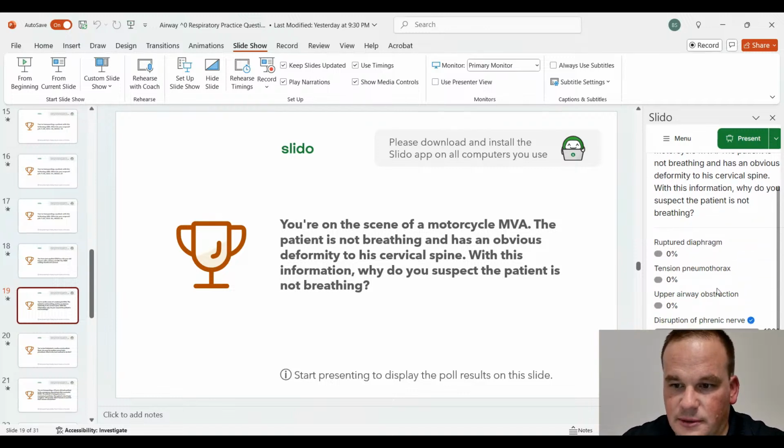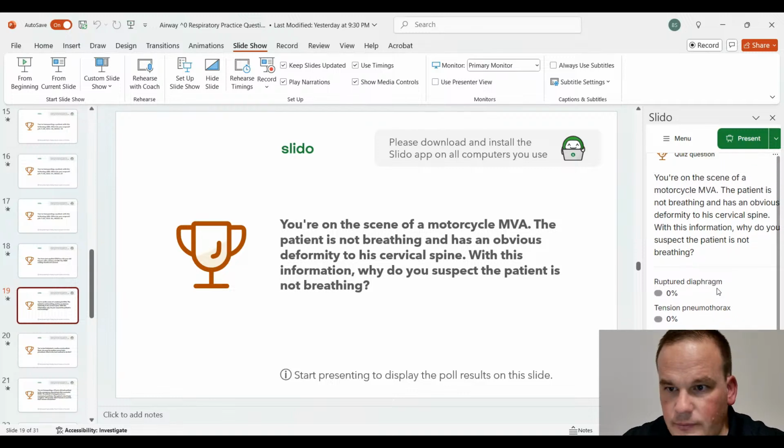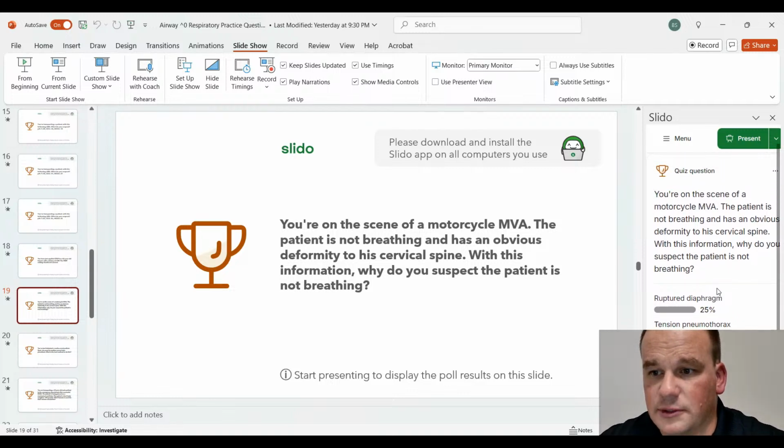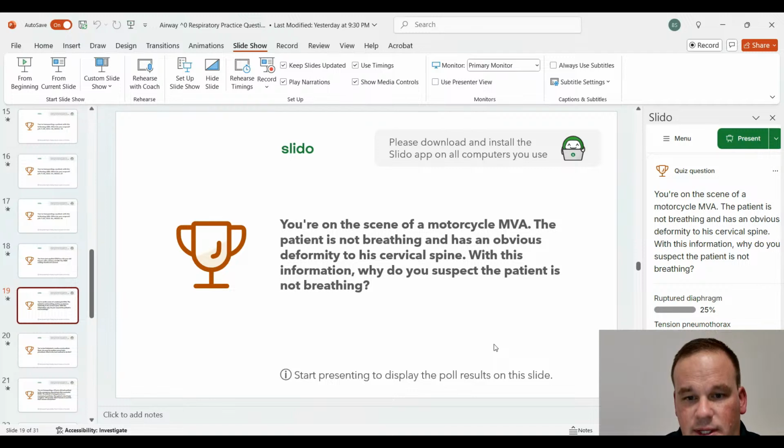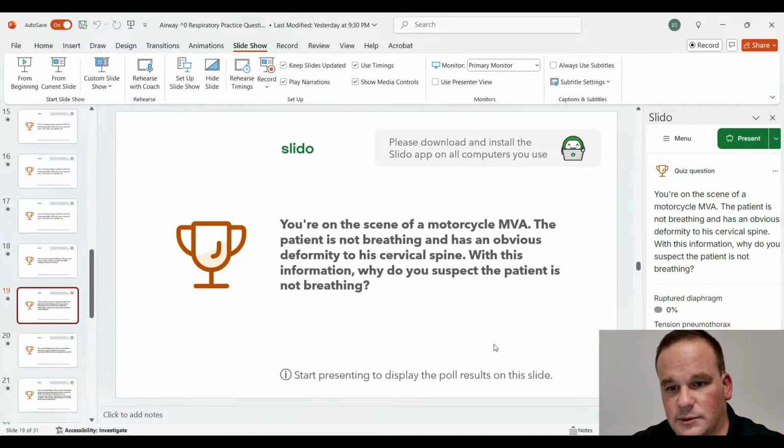Good. So disruption of phrenic nerve. So you're on the scene of a motorcycle MVA. The patient is not breathing and has an obvious deformity to his cervical spine. With this information, why do you suspect the patient is not breathing?